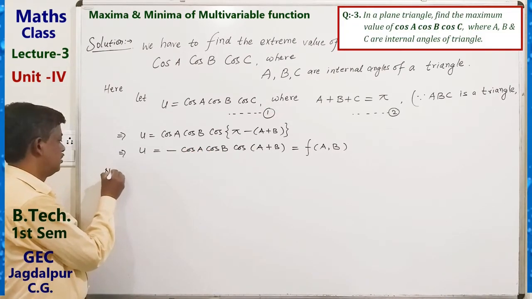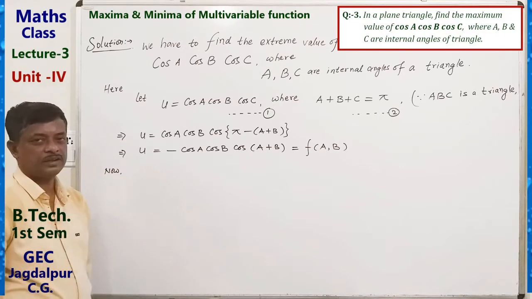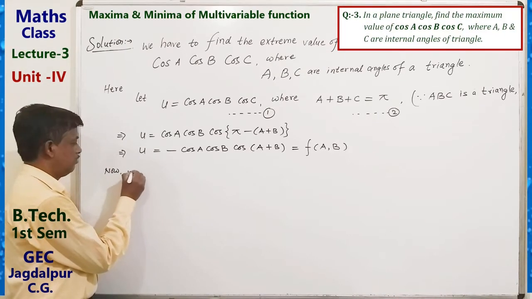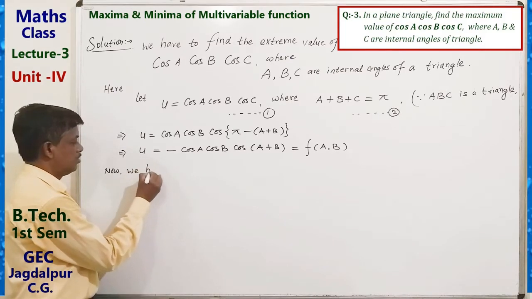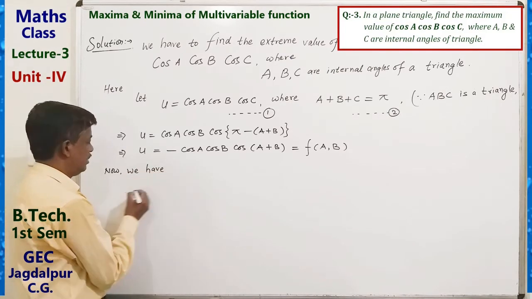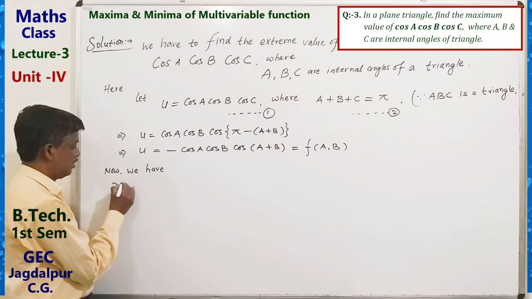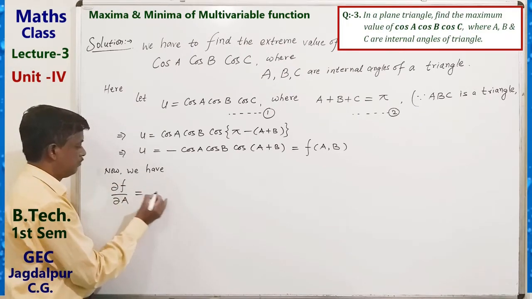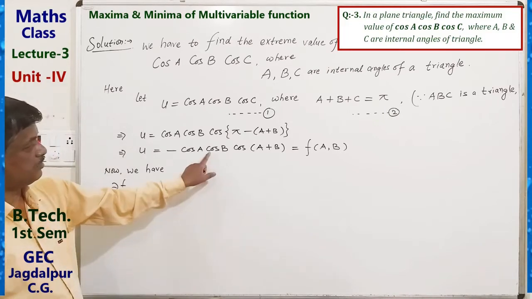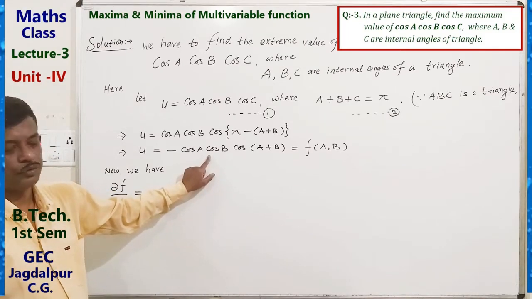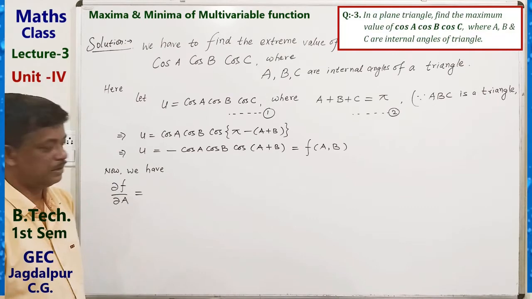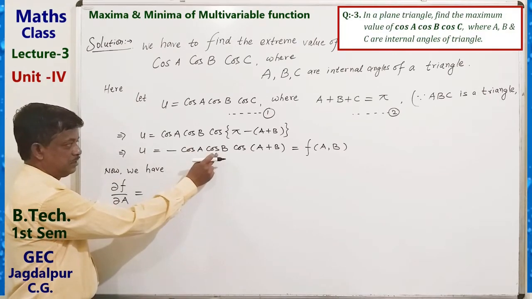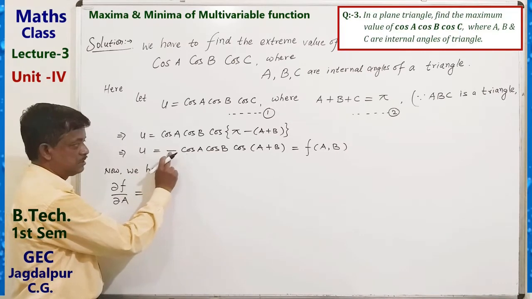Now for a function of two variables we have to find fx, fy. Now del f upon del A: differentiate it with respect to A, with B constant.